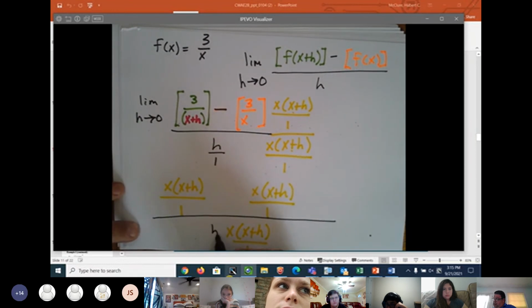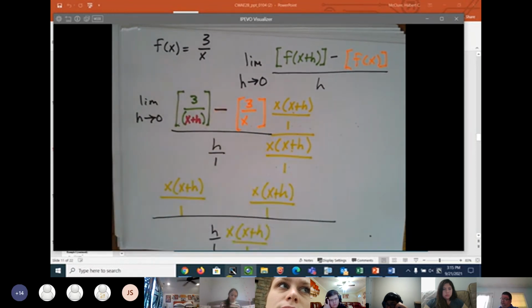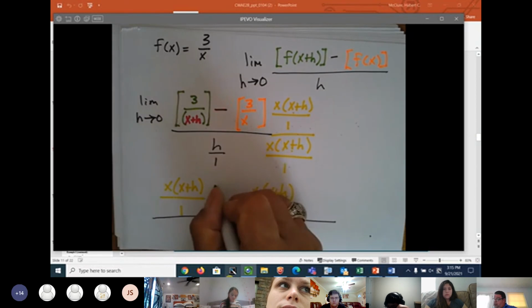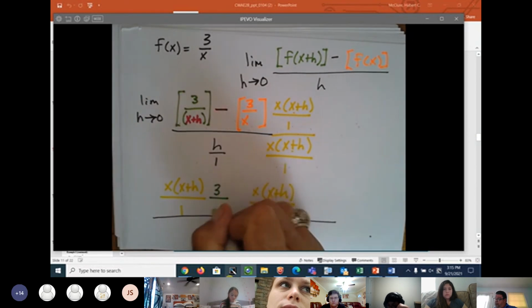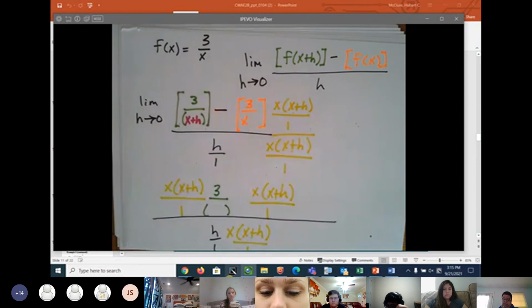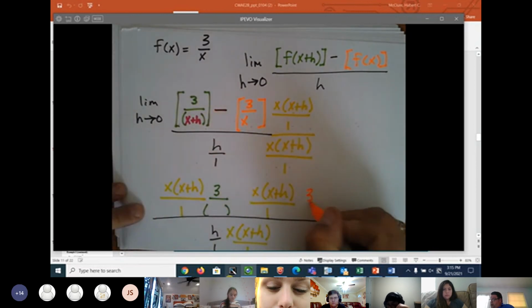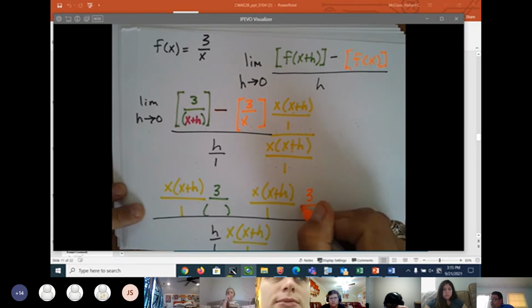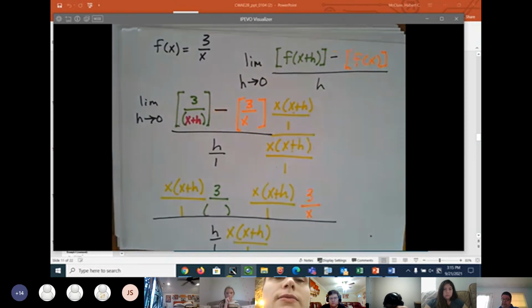And this is going to be h over 1. And this is going to be 3 over x. And this is going to be a minus symbol.